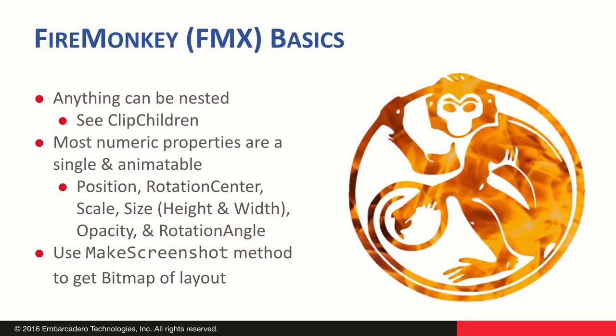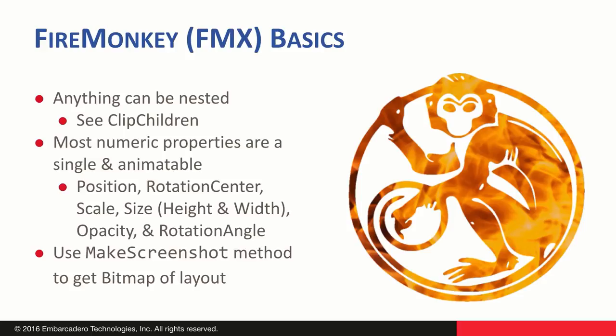And so what that allows you to do, if you have clip children off, then you can put a label on an edit box and move it to the left. And then anytime you move the edit box, that label stays relative to it. So that's really useful. But if you turn clip children on, then you can put something inside of it that's larger than the client area, and it just clips the edges off so it doesn't actually go outside of it. So very, very flexible in the way you do that.